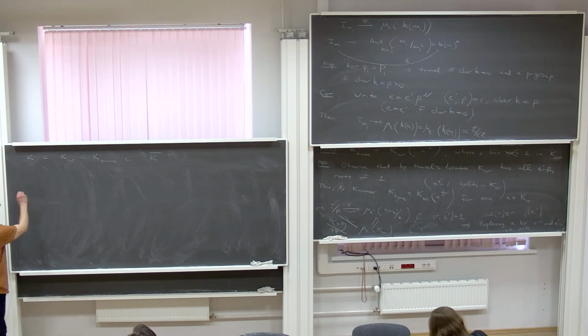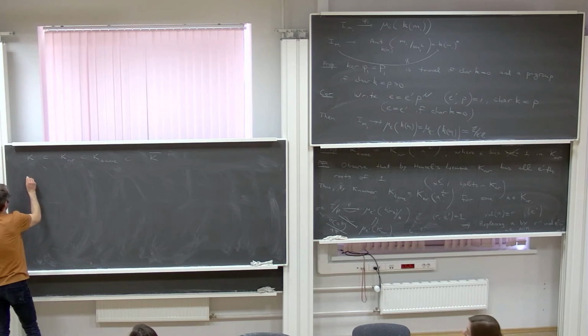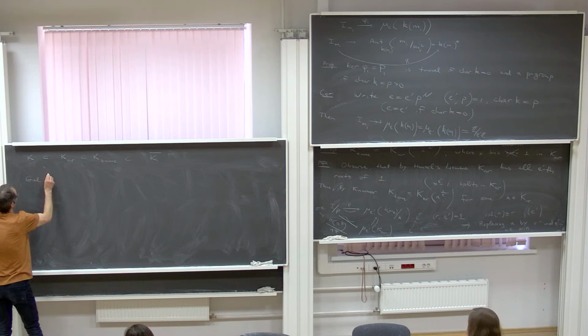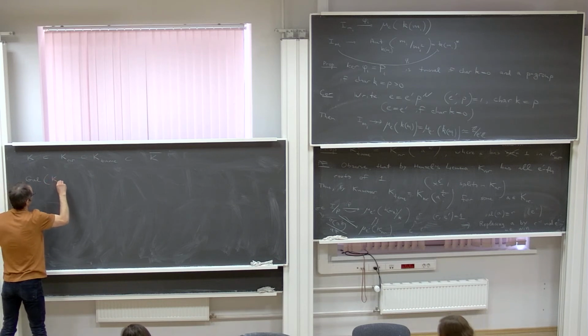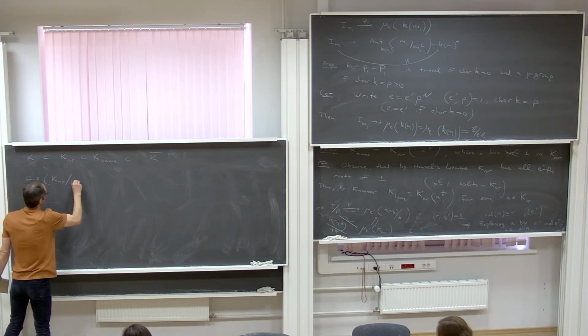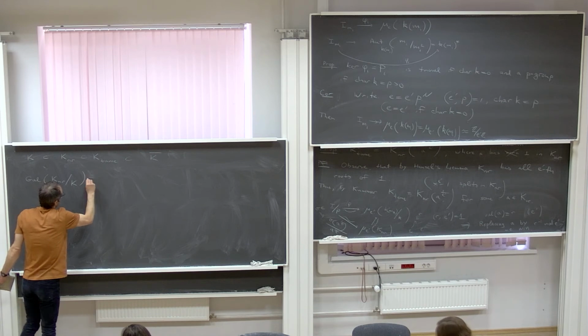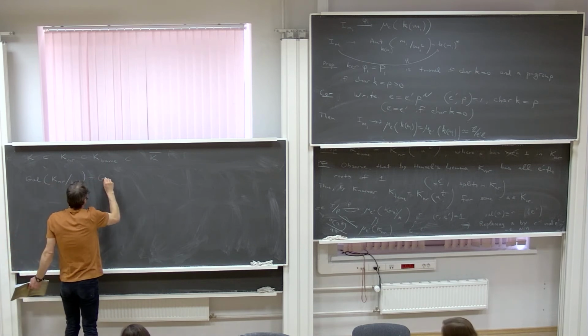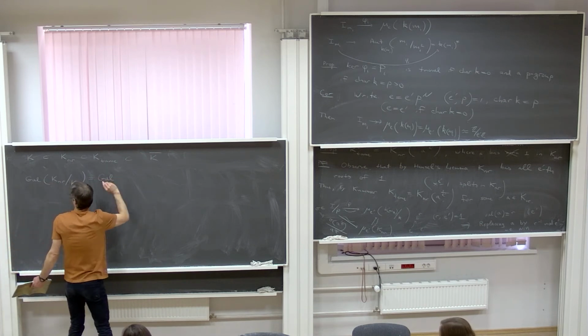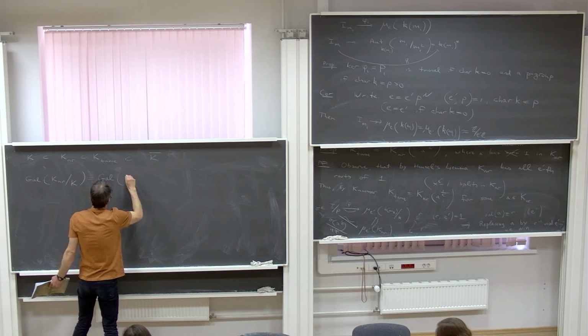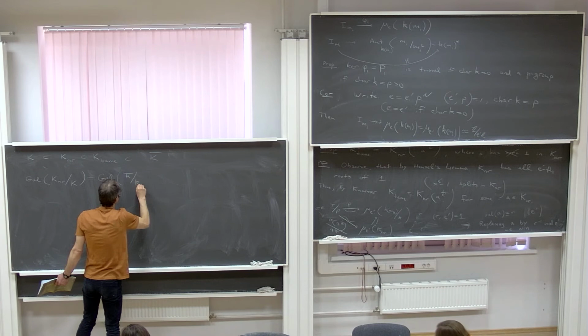Okay, so what can we say here? So the Galois group of K unramified over K, well, all we can say here is that it's the Galois group of the residue field k bar over k.